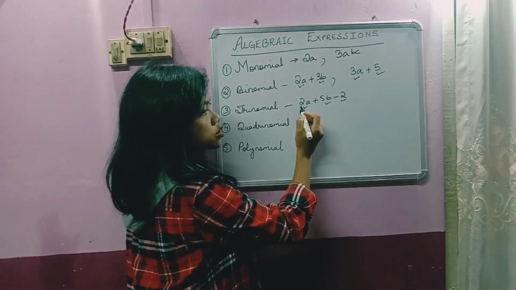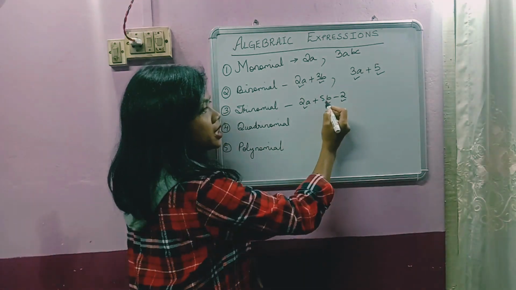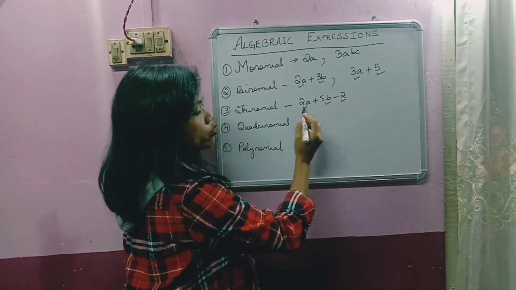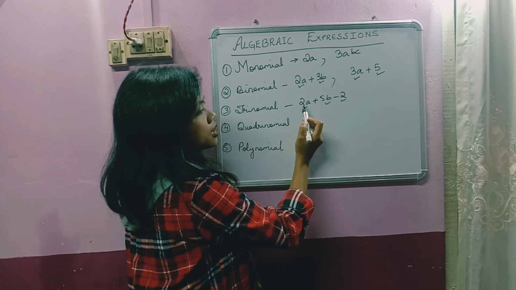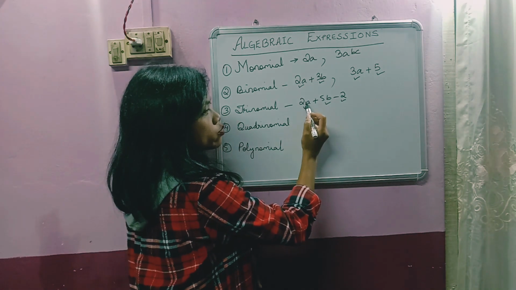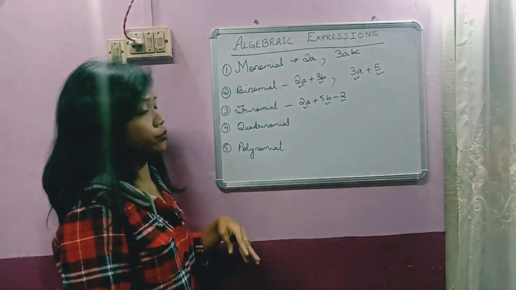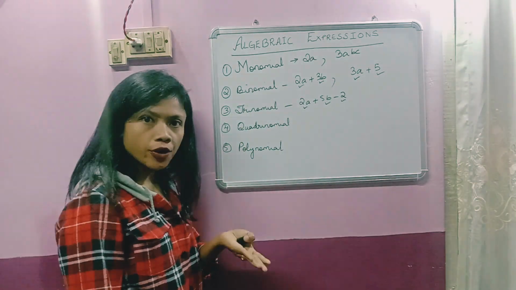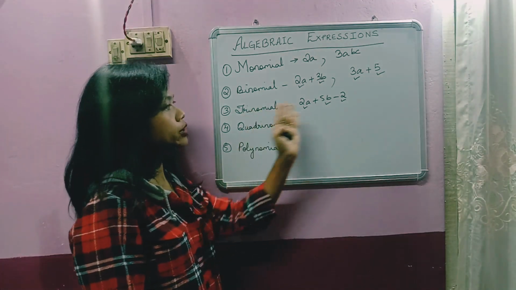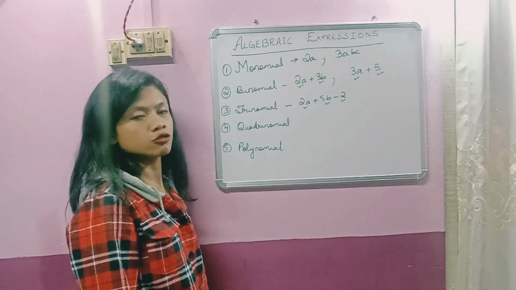The first term is 2a, then comes 5b, and then comes this 2. So when you look at this, you can see that there are three terms. This is what we call a trinomial, an algebraic expression that has three terms.